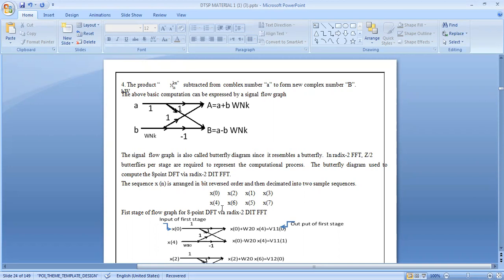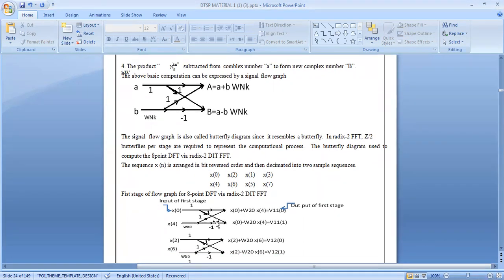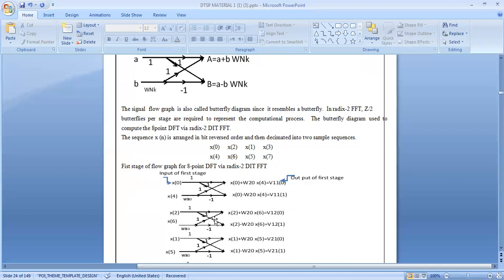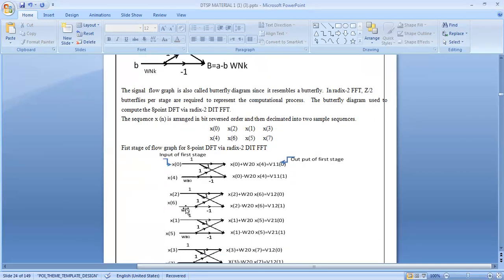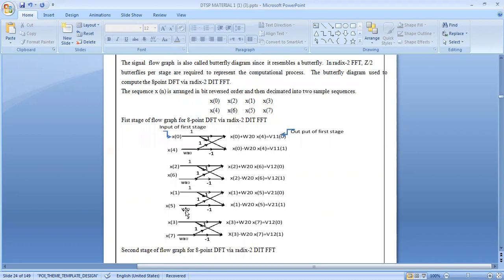So in a similar way, we will be doing x of 0, x of 4, x of 2, x of 6, x of 1, x of 5, x of 3 and x of 7. Okay. So what we'll be doing now? We make complex number pairs A, B, A, B, A, B, A, B. Now the second step is that we have to multiply by the complex phase factor, that is W_N to the power of K. So here we will be using W8 to the power of 0.